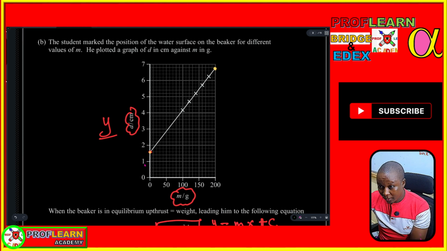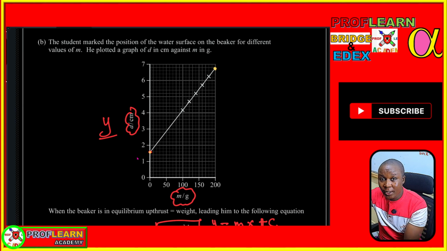It's because the mass of the glass was not considered when this experiment was done. So in order to correct this systematic error, the depth when the glass has no mass should be subtracted from each of the values of D, so that the graph can start from the origin, right?